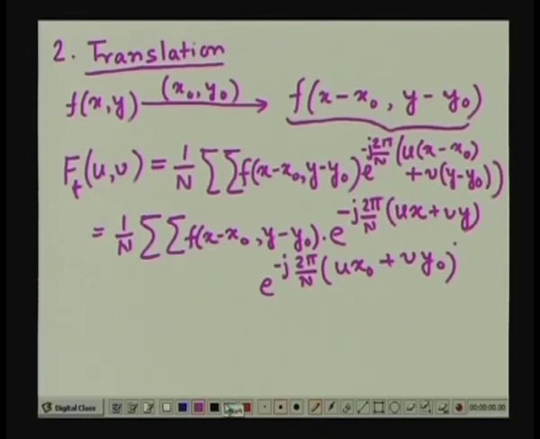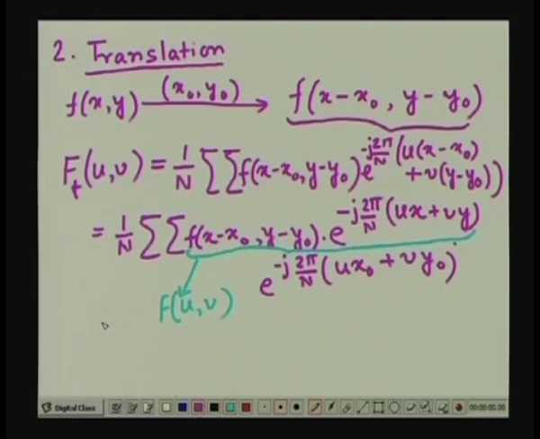Now, if you consider the first expression, that is f(x minus x naught, y minus y naught) e to the power minus j 2 pi by N (u x plus v y), summation from x equal to 0 to N minus 1, y equal to 0 to N minus 1, this particular term is nothing but our Fourier transformation F(u, v).